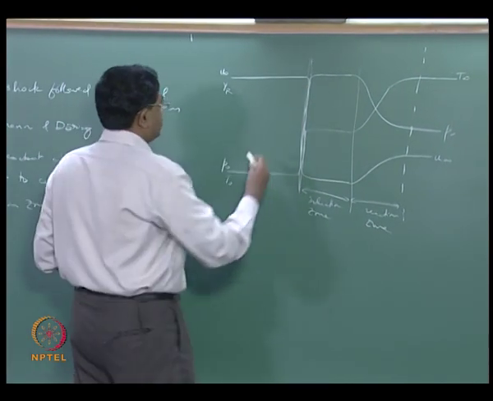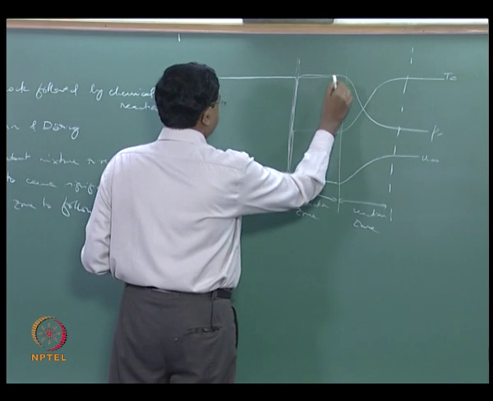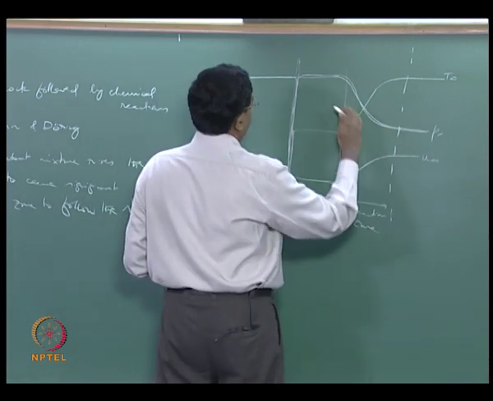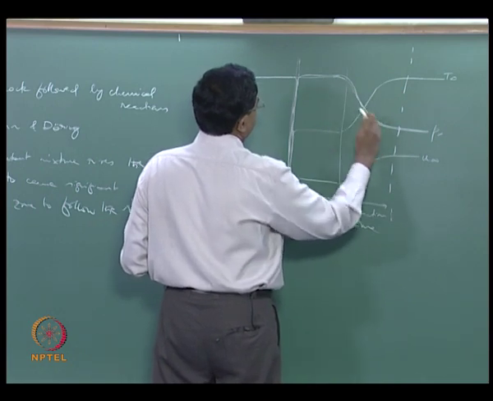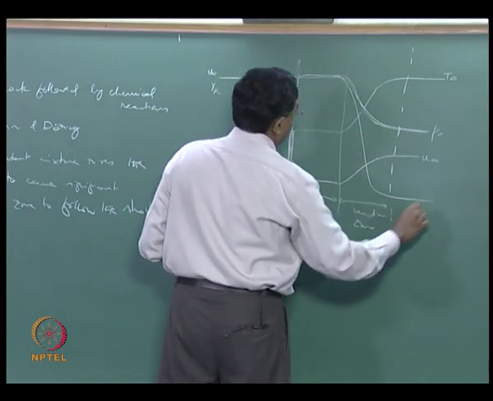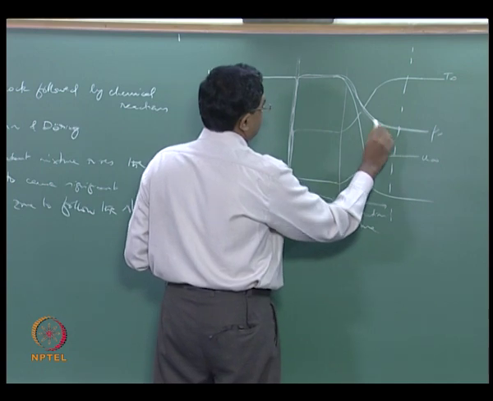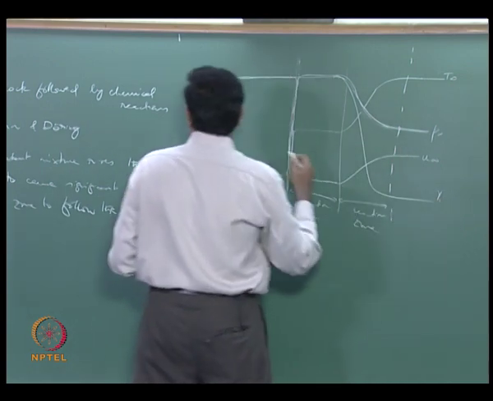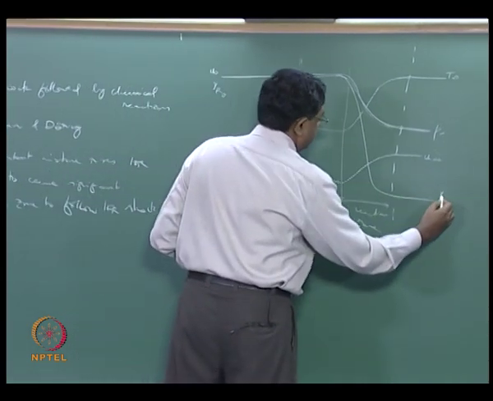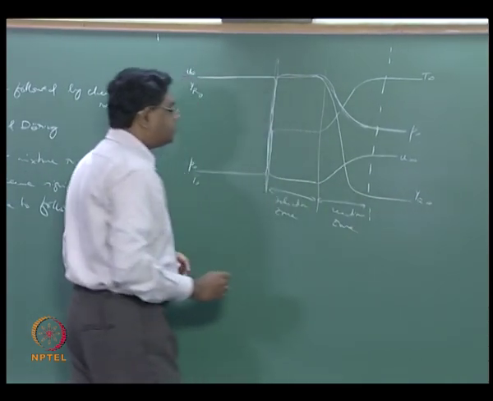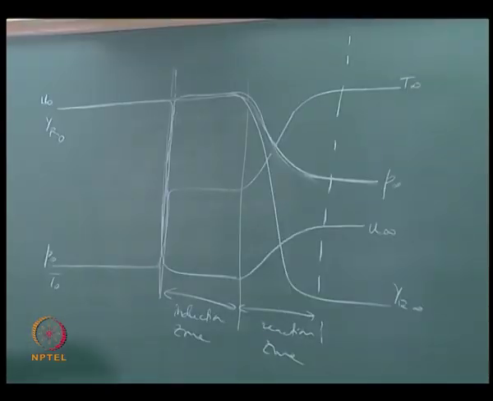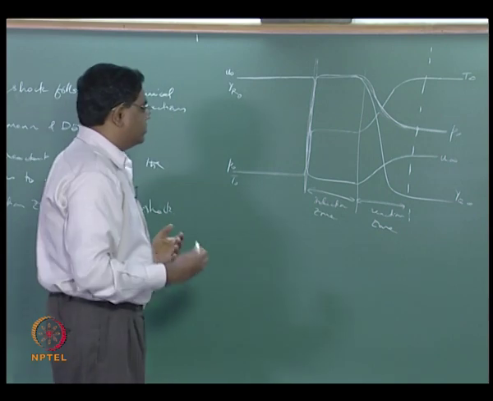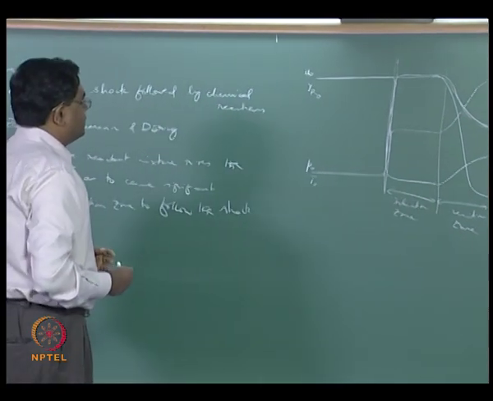So the reactant concentrations are pretty much remaining the same and begin to decay only maybe you can look at the deficient reactant, go all the way down to 0 over here or a fairly low value. So you can say YR naught and then YR infinity, right. So this variation happens only in the reaction zone, it does not happen before that.